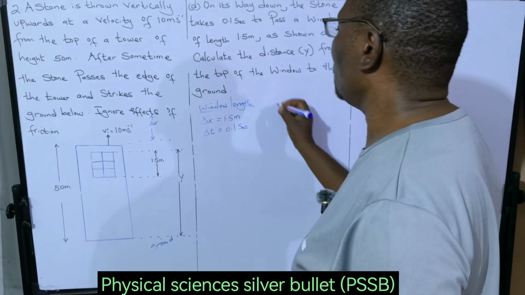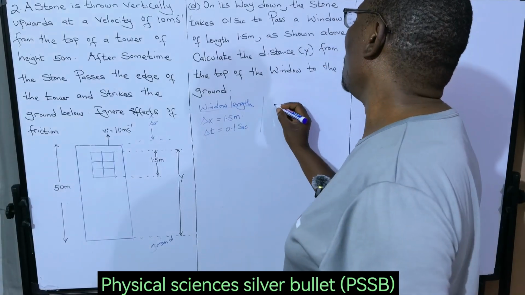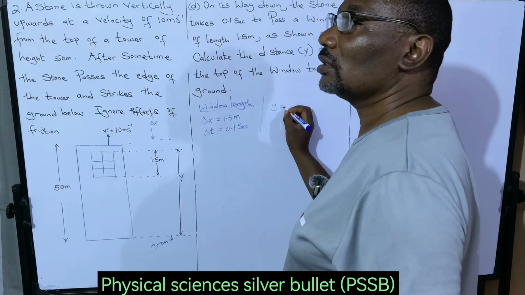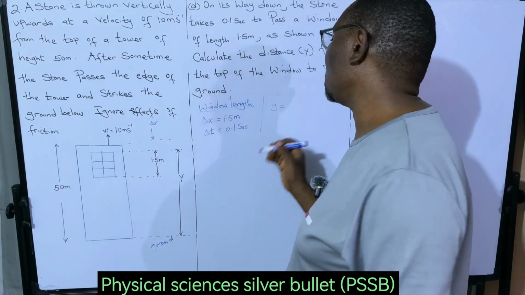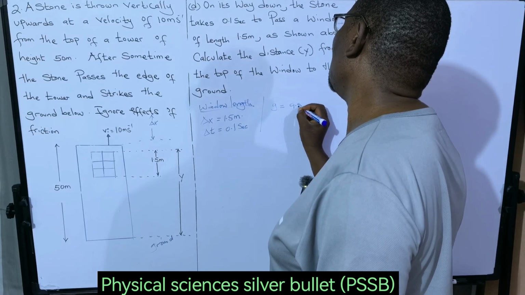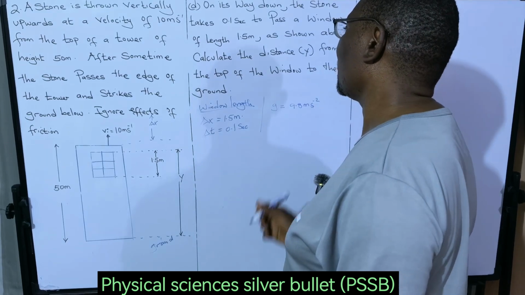But we know something else. It's a projectile, so we know the g. The stone is moving downwards this time around, so our g is positive 9.8 meters per second squared.